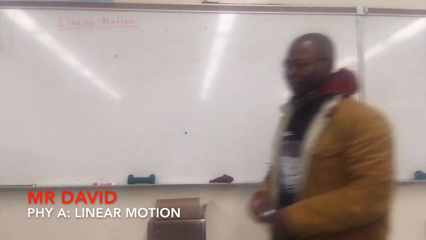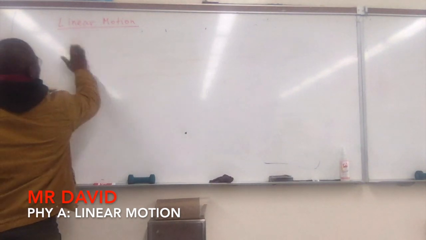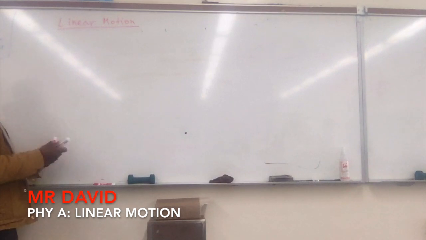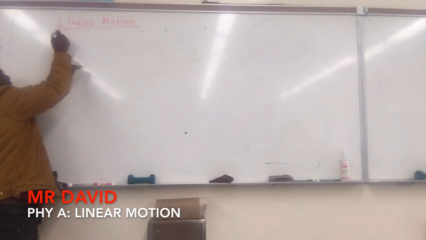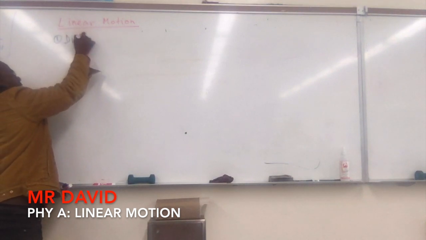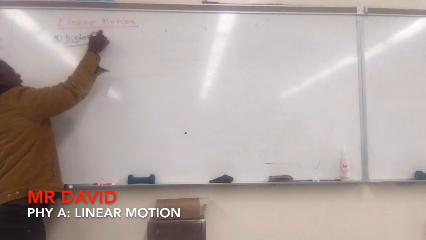So a quick recap of what we've done yesterday, which is not much. We were doing motion, specifically linear motion. On linear motion, we talked about distance. How do we define distance?